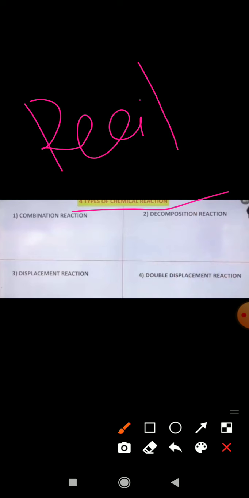There are types of reaction. There are four types of reactions: first is combination, second is decomposition, third is displacement, and fourth is double displacement. Let's briefly go through them. The first is the combination reaction.